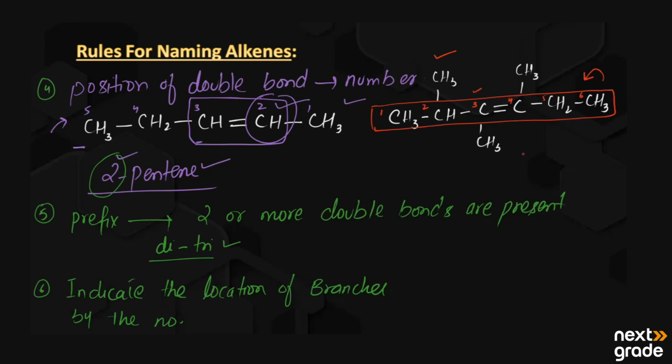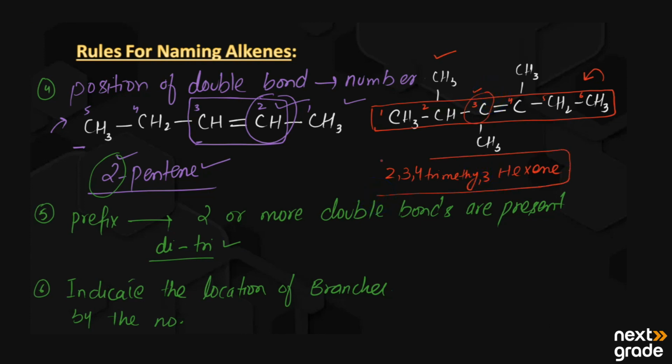So the parent name will be hexene. And we have the substituents at positions 2, 3 and 4, so we will write 2,3,4-trimethyl, and the position of the double bond is at 3, so 3-hexene.